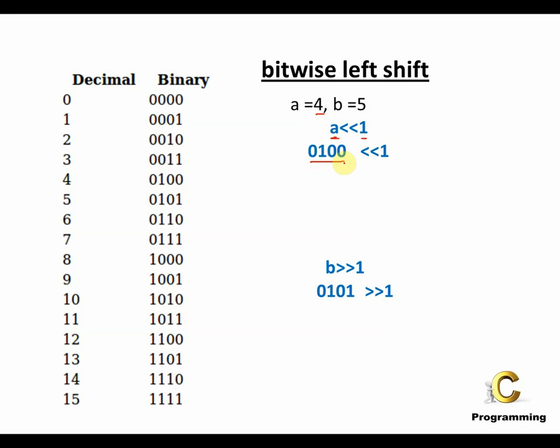When we have to shift it towards the left, the direction now is left, so this will go over here, hence 1 will take the first position, 0 will come over here, and this will come over here, 0 again, and you see the last spot will be empty. In this empty spot you have to put a 0. So this is what you would get after performing bitwise left shift on the operand A.